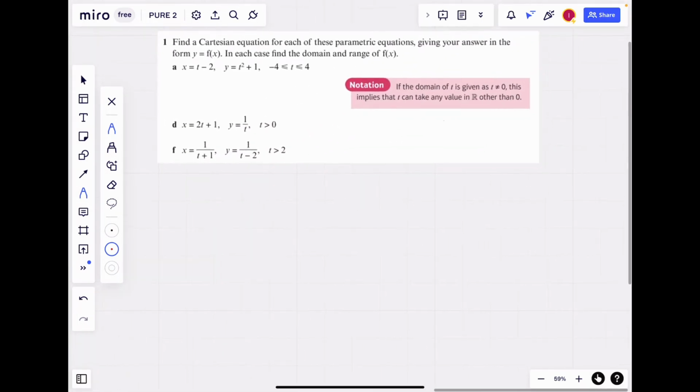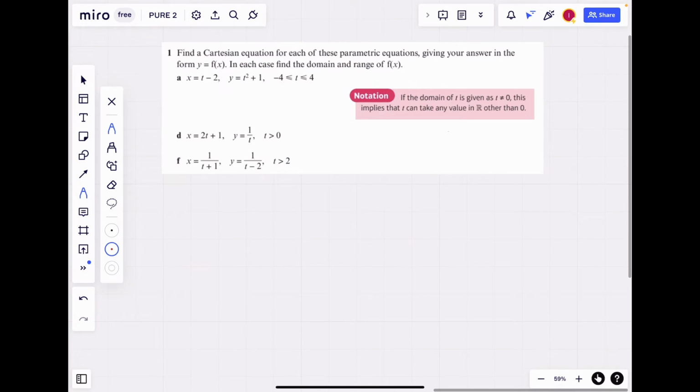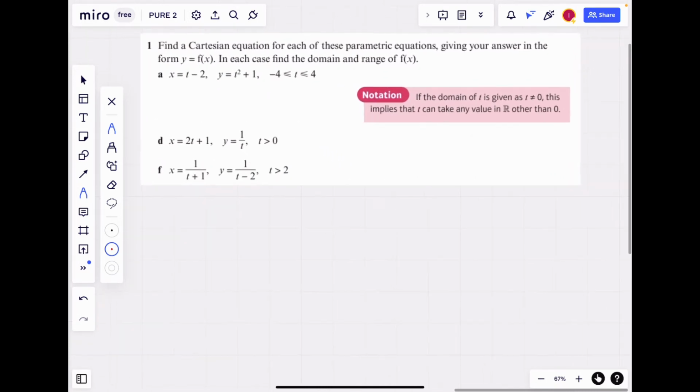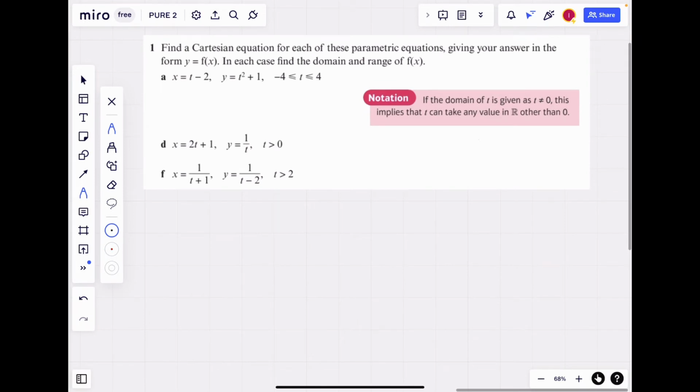So, I've put up 3 questions which I want you to try, please. For the first one, we want to find the Cartesian for each parametric.